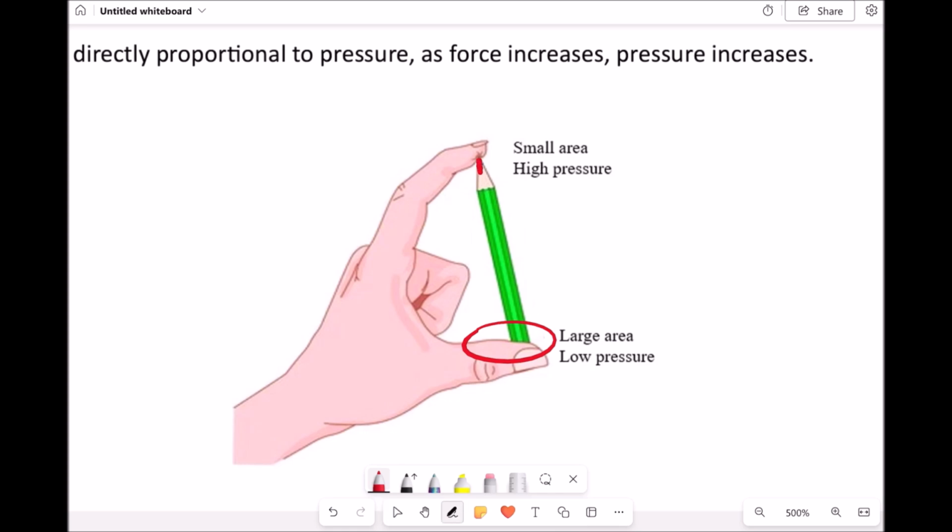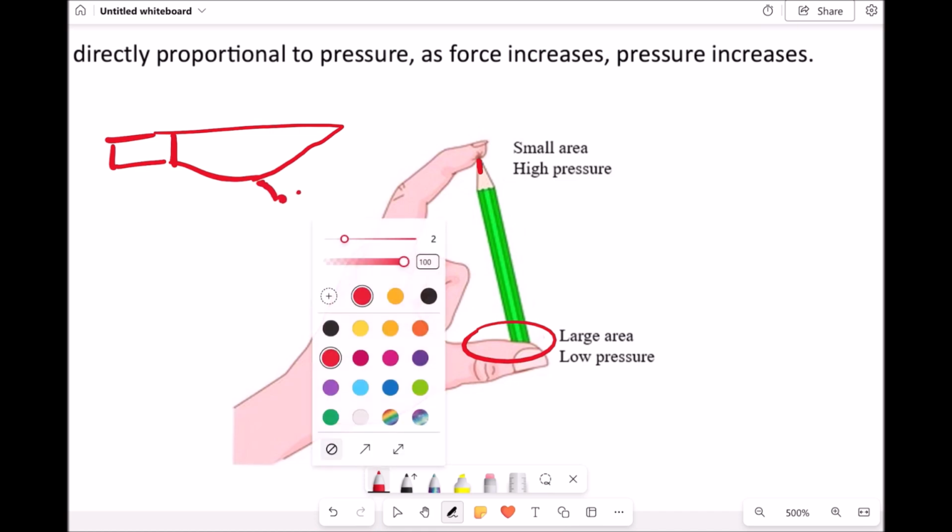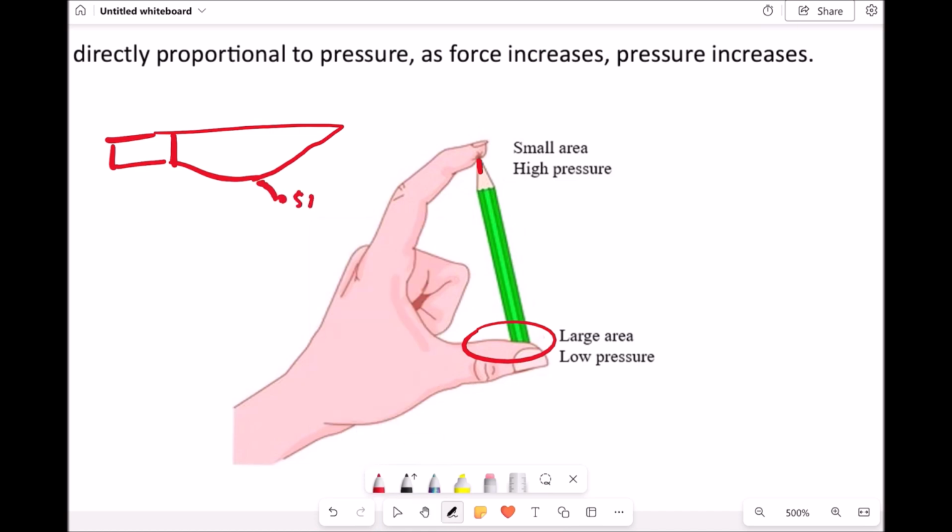But the tip is sharp and has a small area, so the pressure there will be much higher, and your hand is going to hurt much more. Or if you have a knife, the sharp edge has a smaller area.